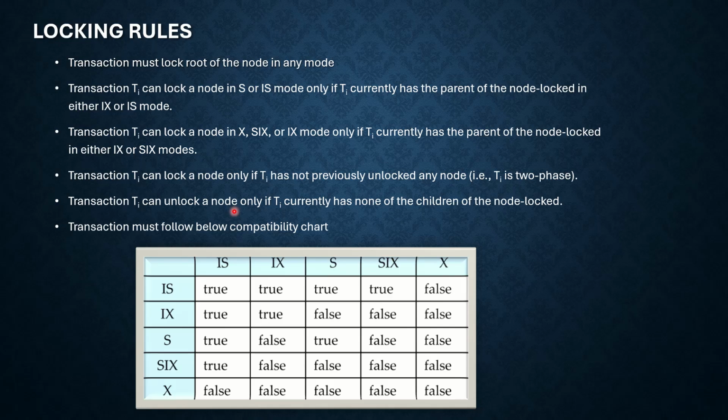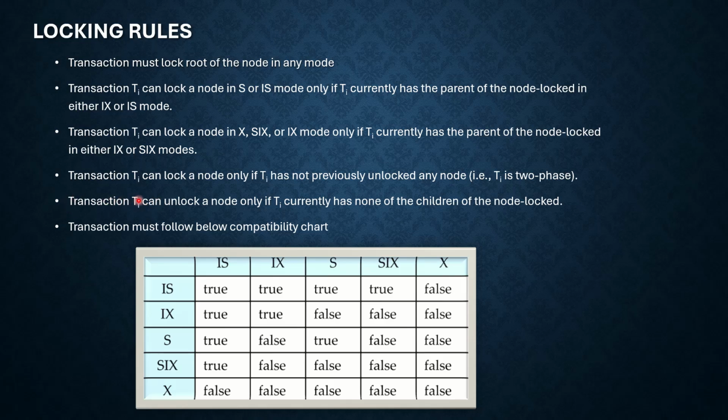We need to follow two-phase locking, like we already talked about. A transaction, in the first phase, puts locks on all the data items, and then in the second phase it removes the locks. If a transaction has removed some lock, then it cannot put a lock on any data item.